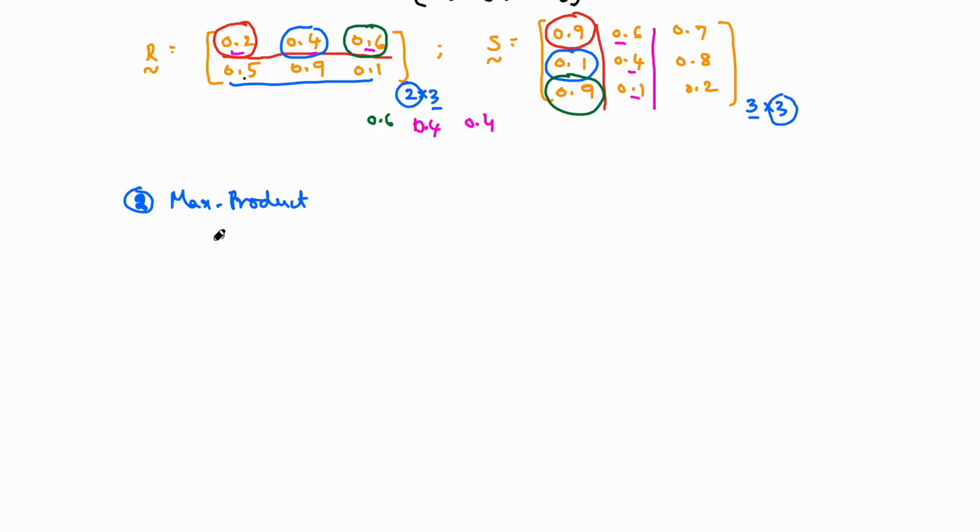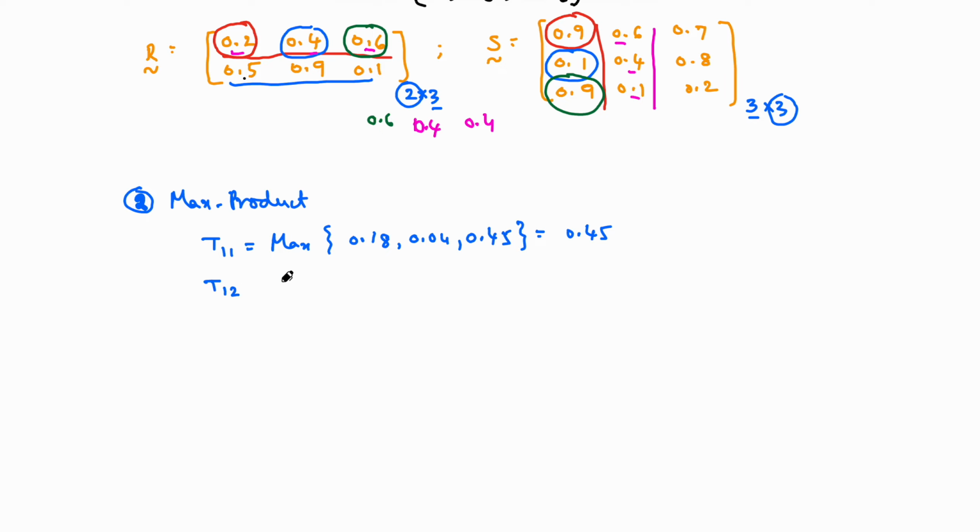So T11 is 0.2 and 0.9. This is the maximum of, here I have to find the product of these two. So 0.2 into 0.9 is 0.18, 0.4 and 0.1 is 0.04, 0.6 and 0.9 is 0.45. So the maximum out of these three is simply 0.45.